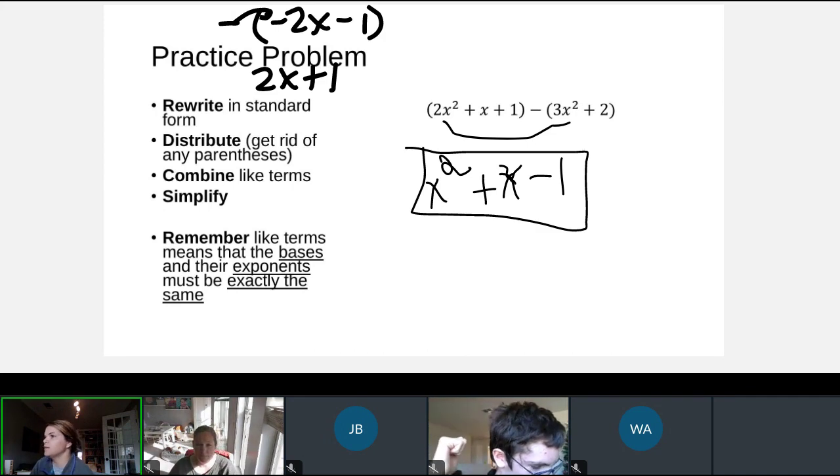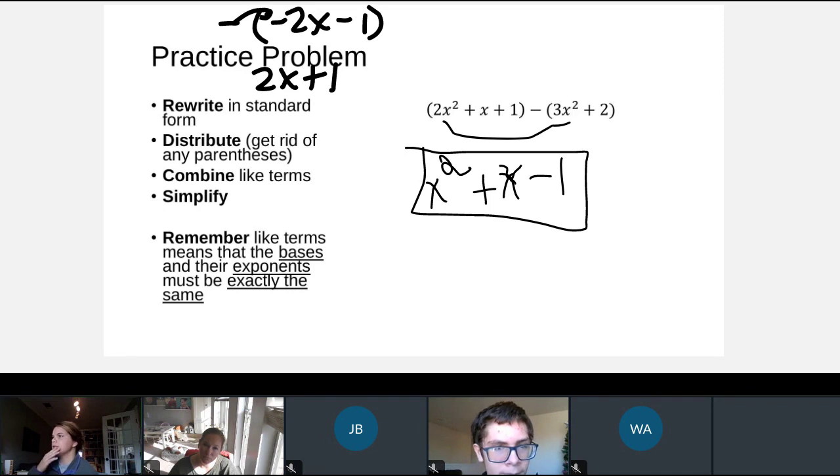Okay, thank you, Zachary. All right, I'm going to go ahead and, since Zachary did not show you how he distributed, he did distribute, but I'm going to just show you how you can distribute.